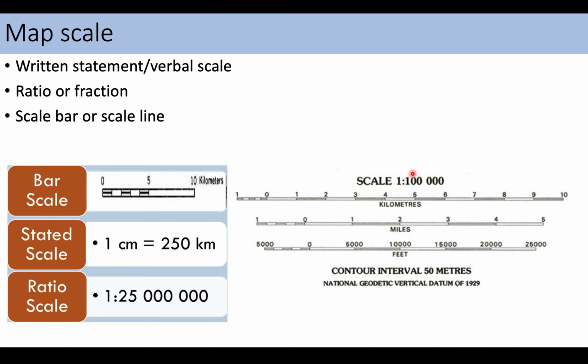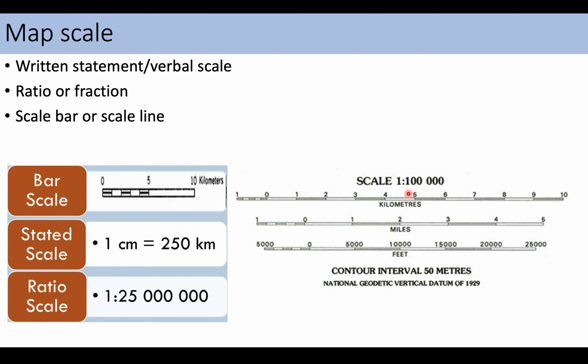And then the last type is called the scale bar or the scale line. This is more of a graphic, where we see an actual printed distance on the map, meaning that the distance from right here to right here is equivalent to 5 kilometers.